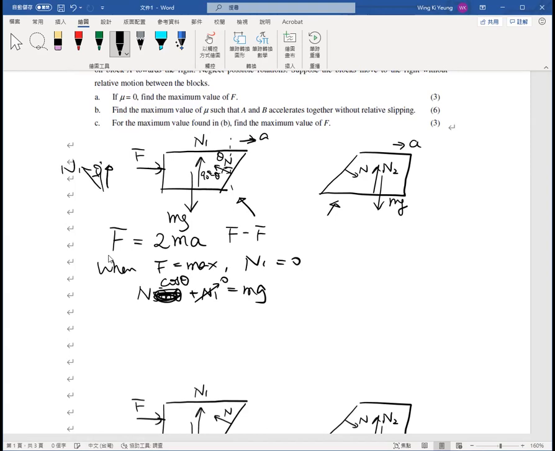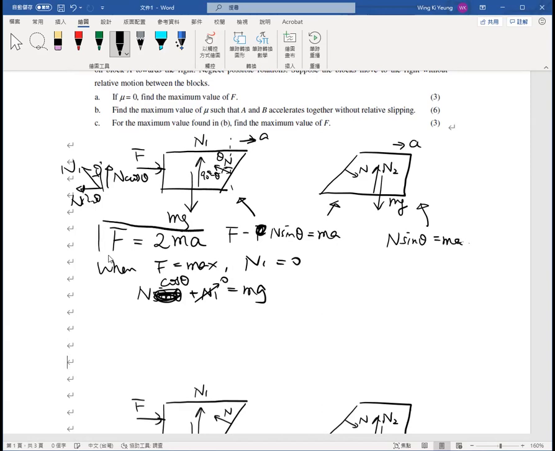You decompose the vertical component, that's N cosine theta. The horizontal component is N sine theta. Then F minus N sine theta is the net force of the object A, so you can write it as MA. Or it's better for you to use this one because the formula will be simpler. That is F minus N sine theta equals MA.